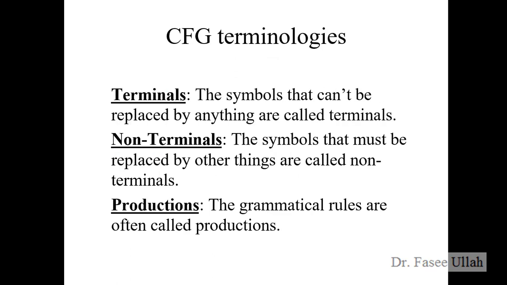Then we have some basic terminologies, and some elements for how to design the context-free grammar. In terminologies or elements, we have the terminal, non-terminal, and production. Terminals are the symbols that cannot be replaced by anything. Some symbols we cannot replace with other symbols. Like we know in finite automata, we have a set of inputs A and B or 0 or 1.